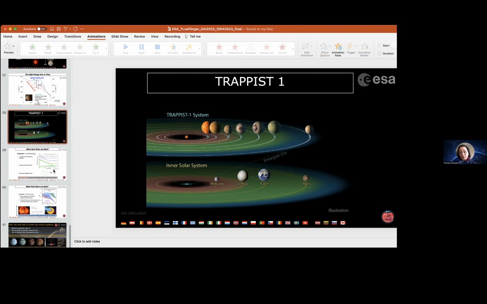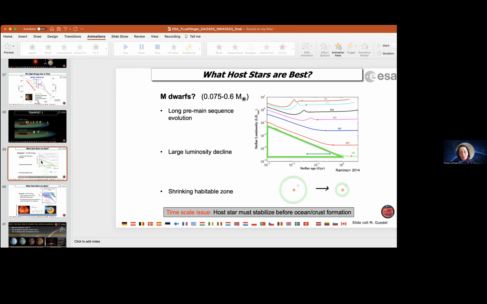And it's, of course, very tempting to think that planets around M dwarfs might be very well livable. But we also need to think about the fact that around M dwarfs, the habitable zones are actually shrinking.